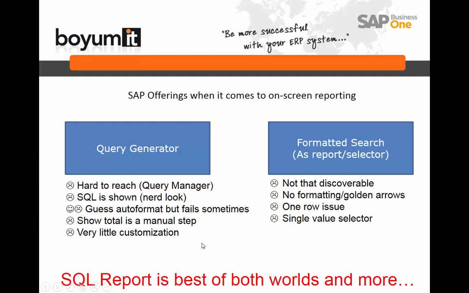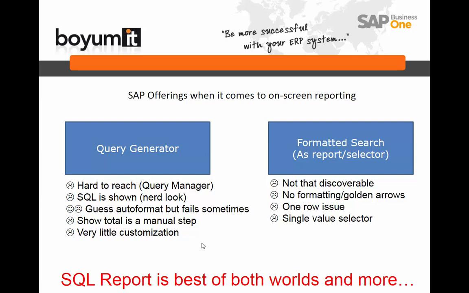Just for reference, and why we actually made this: SAP has some offerings you can use for on-screen reporting, which SQL Report is in general. SAP of course has the query generator, and they also have formatted searches that you can use as reports and selectors.